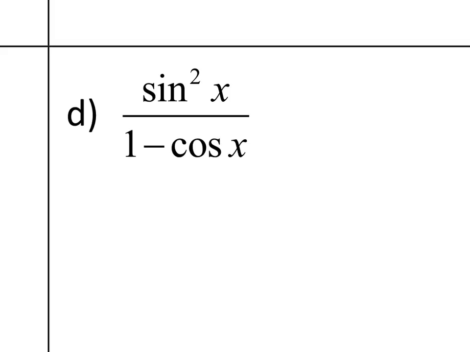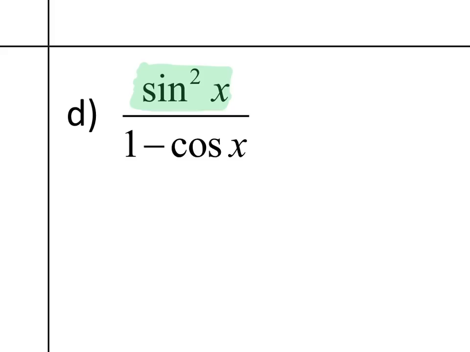Now, I can't change anything to sine and cos because everything's already sine and cosine. But the other skill that I learned on the previous page is that if I see a part of an expression that needs to be simplified that has one of the trig functions squared, I can replace that with one of the trig identities.